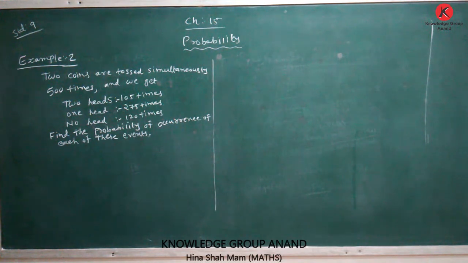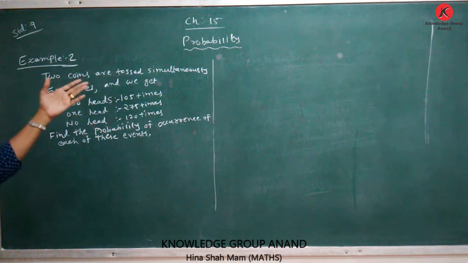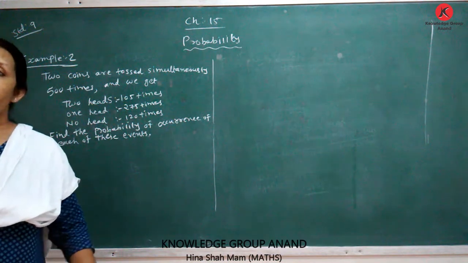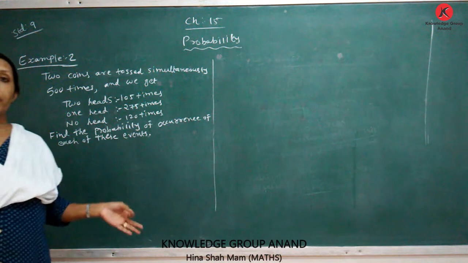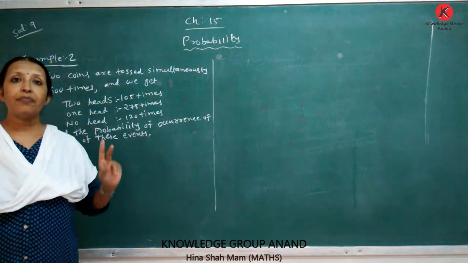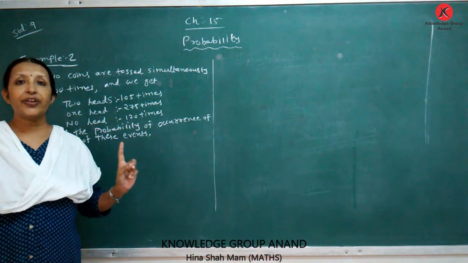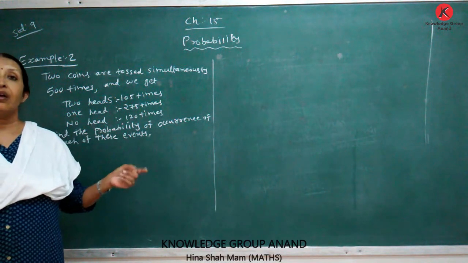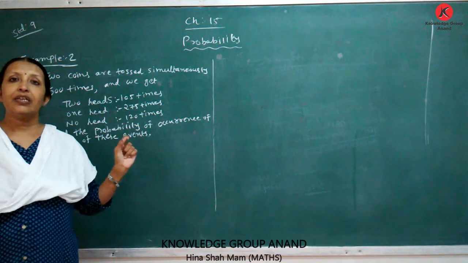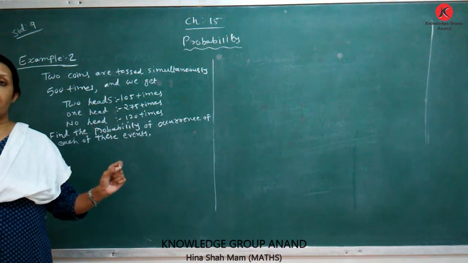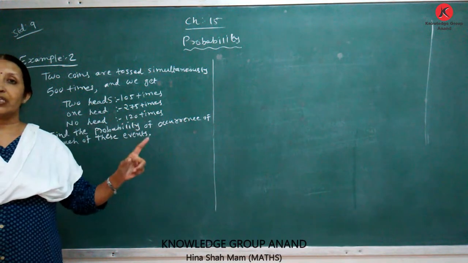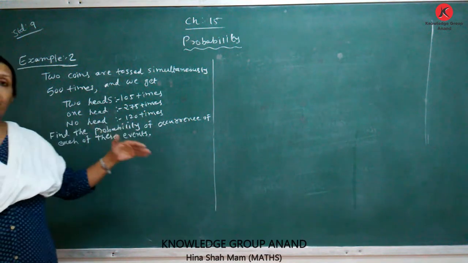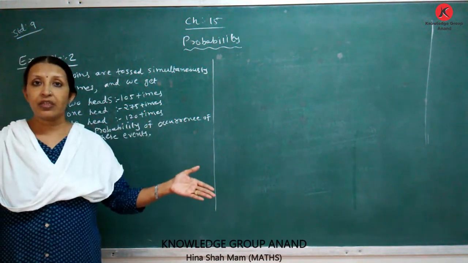Example number 2, our chapter 15, probability. We learn about the most important probability topics. The sum of the probabilities of all events is equal to 1. Values of probability lie between 0 and 1, including 0 and 1. The probability of a sure event is 1.